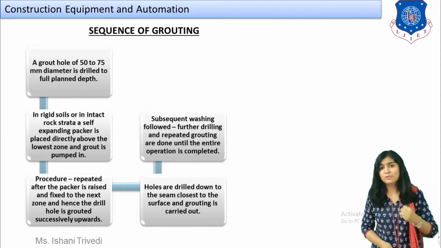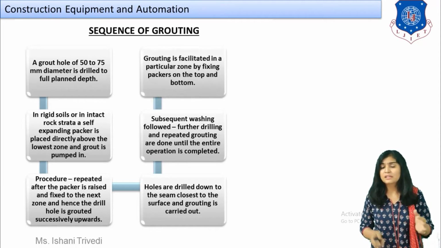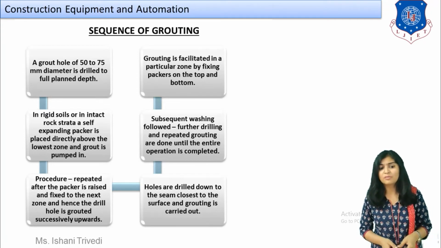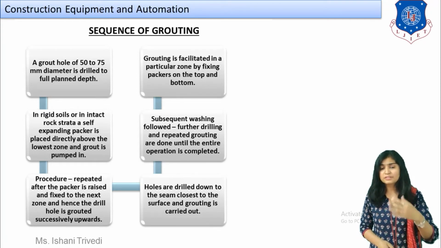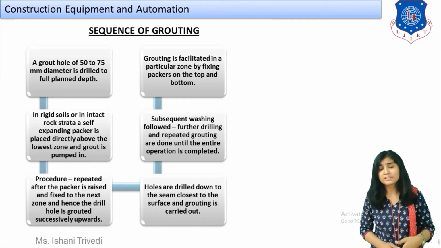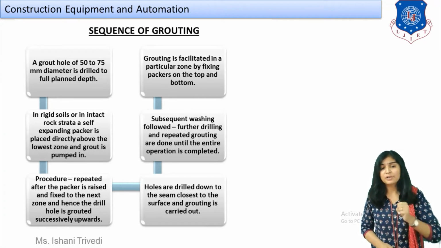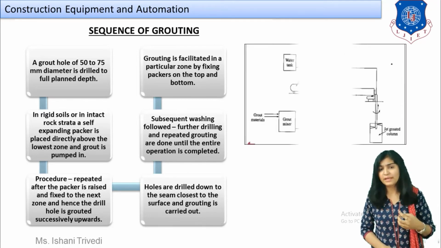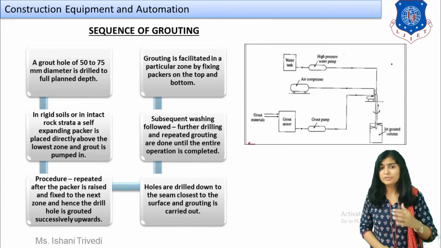So at the bottom, holes will be drilled and the bottom will be sealed completely with the help of grout material. And then once this work is done, you also have to provide subsequent washing of the drilled hole, the other hole which you have dug, and you are sealing it. So here washing has to be done, and this is how your grouting is facilitated in a particular zone by fixing packers at top and bottom, and if not, then you can perform just the simple method of grouting.